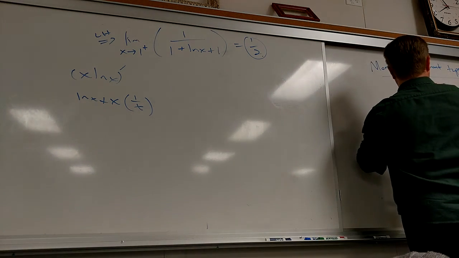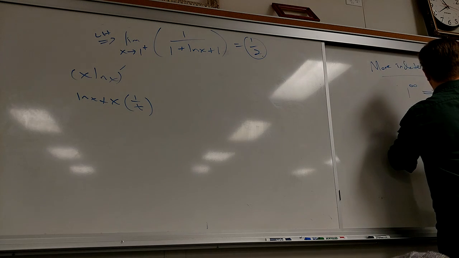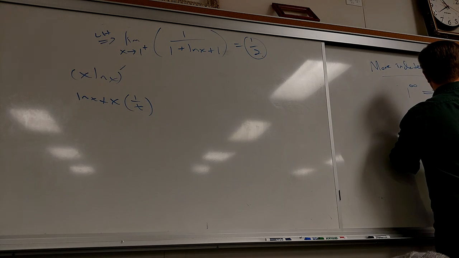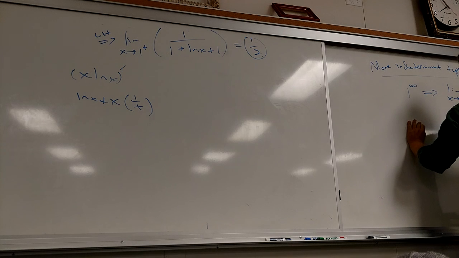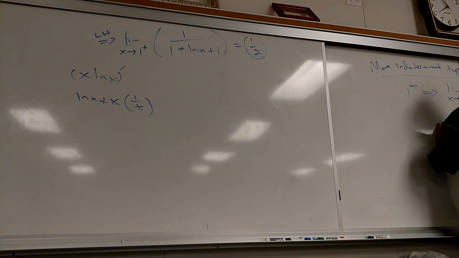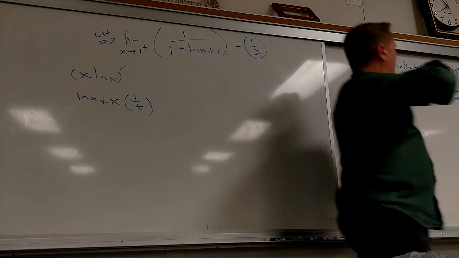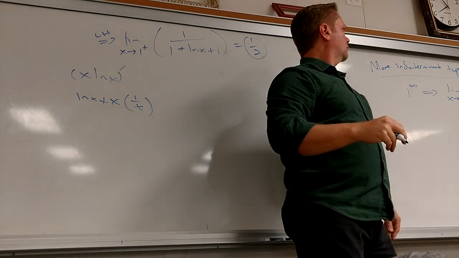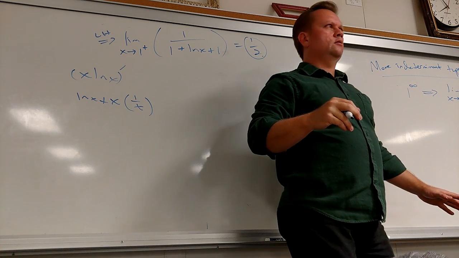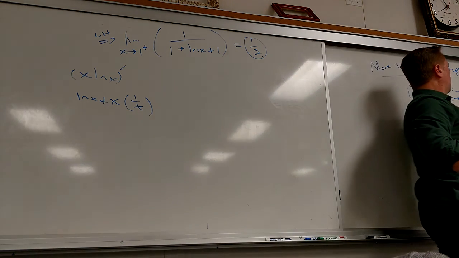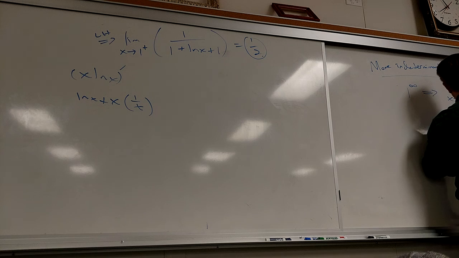For example, this would have come from a problem like this. You guys see that? Because the inside is going to 1. I'm sorry, let me write that the right way.